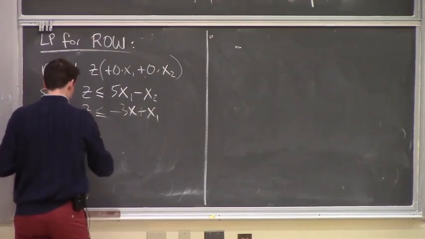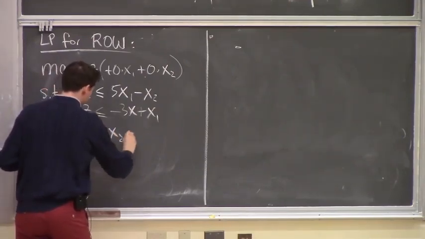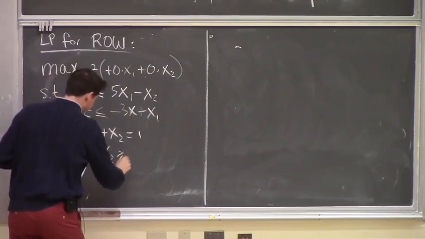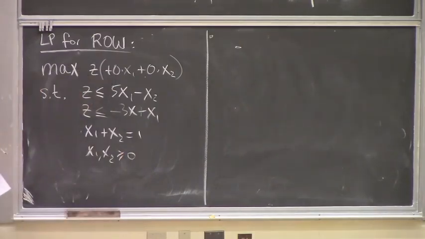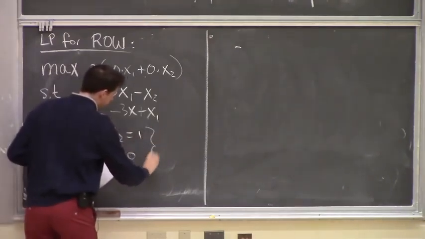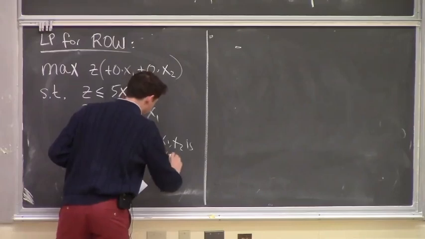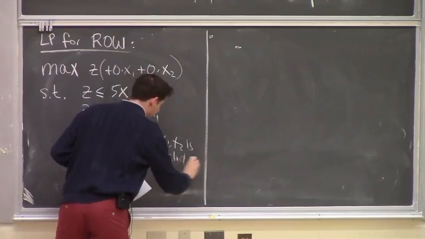And then also, we're going to say that x1 plus x2 equals 1, and x1, x2 are non-negative. Of course, this is just saying that x1, x2 is a probability distribution, valid as a mixed strategy.